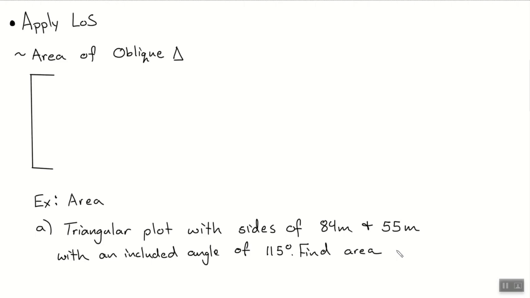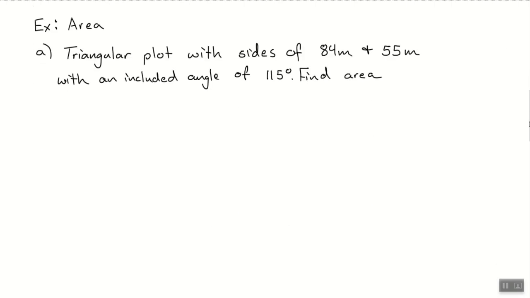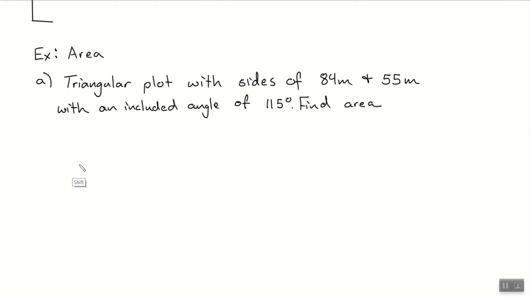Now, there are a lot of ways you can do this problem. My goal for you is that we're going to find, to our understanding, the most efficient way to do this. Can we draw this? Yeah, I think so. So I'm going to sketch it, and it's not going to be perfect. I'm not going to measure it. I'm going to have my 84 right here. 84 meters.